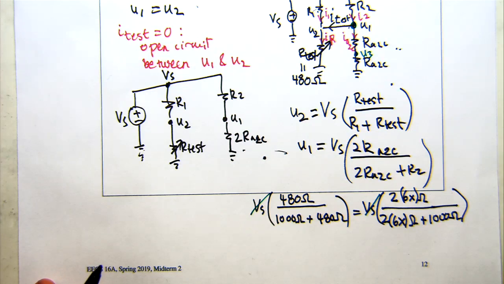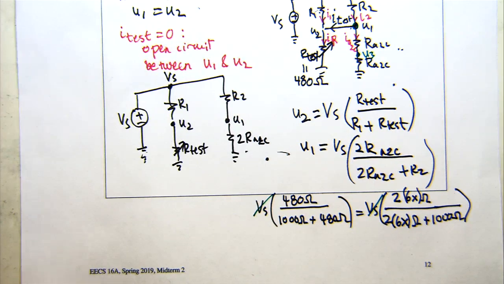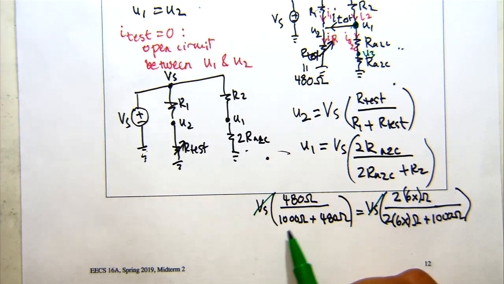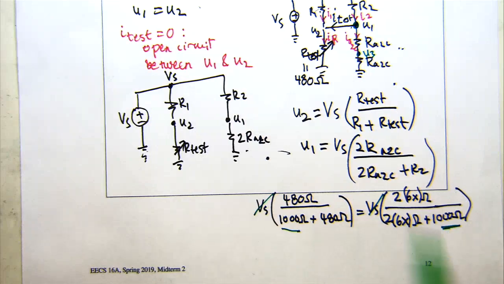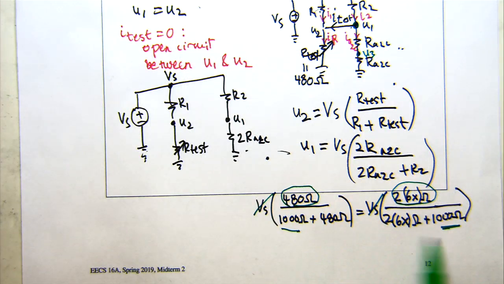But there's actually kind of an easier way to do this. Does anyone notice something kind of interesting about this equation? Yeah? Yeah, exactly, right? So because this bottom resistor here is equal to each other, we can observe that if we set this resistance equal to this resistance, then this equation will be satisfied, right?